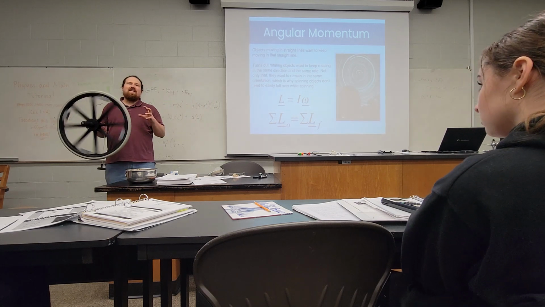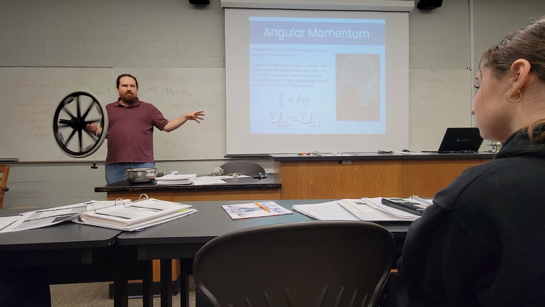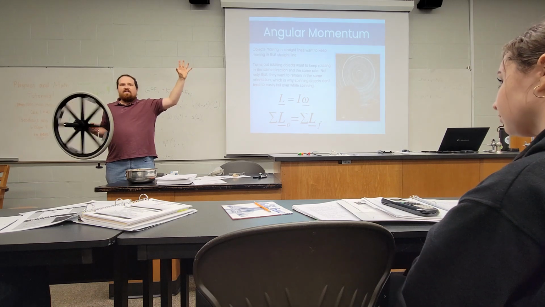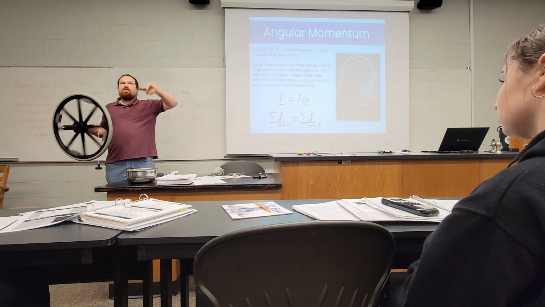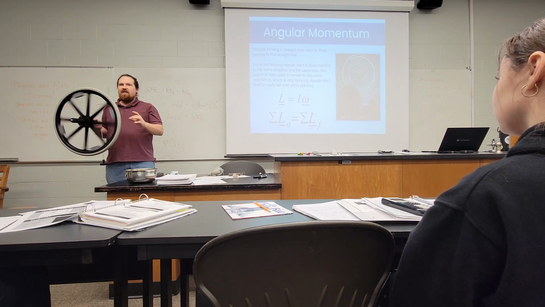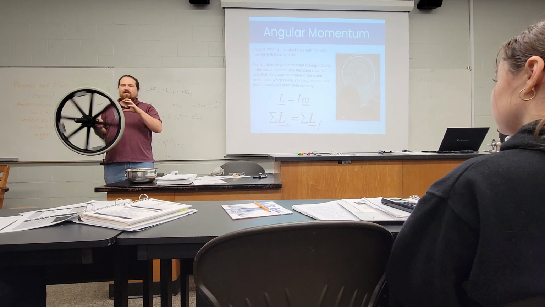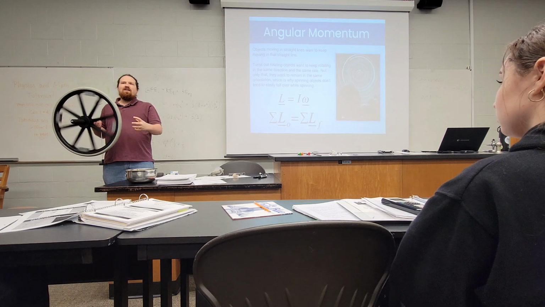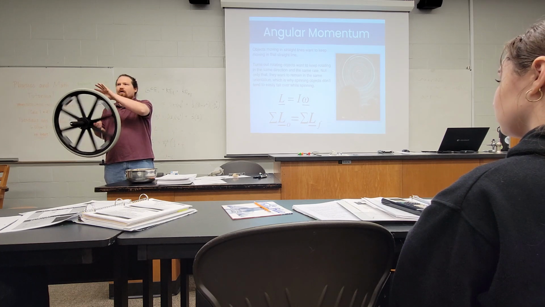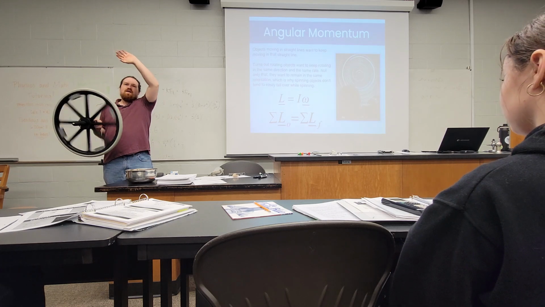But an interesting thing happens for angular motion versus linear motion, because when something is just moving in a straight line, that straight line is it. It's just a one-dimensional vector in a straight line forever. But rotation's kind of weird, because even though a lot of the vectors point clockwise or counterclockwise, technically the object is kind of moving in a two-dimensional plane, because parts of it are moving horizontally in the x and parts of it are moving vertically in the y.